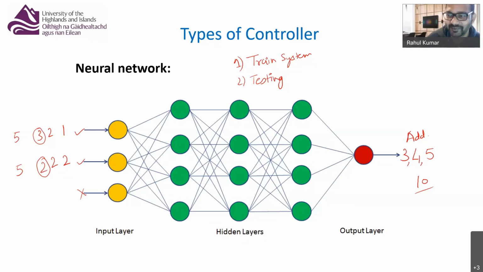But this is how it operates. You train your system, make it identify certain patterns, and then start giving some fresh data to identify those patterns in the fresh inputs. That's how your neural network operates.